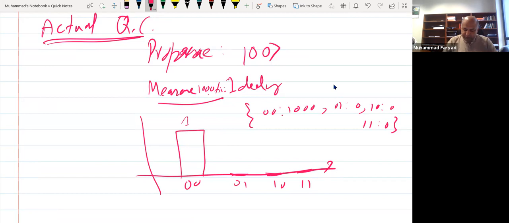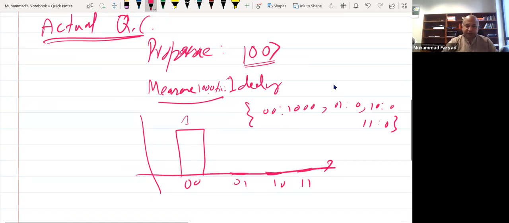However, because of different types of noise, this 0,0 state during measurement can be read differently.